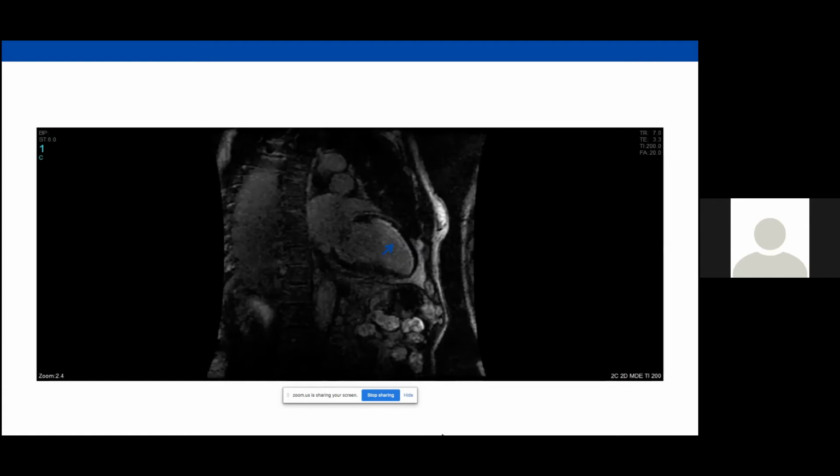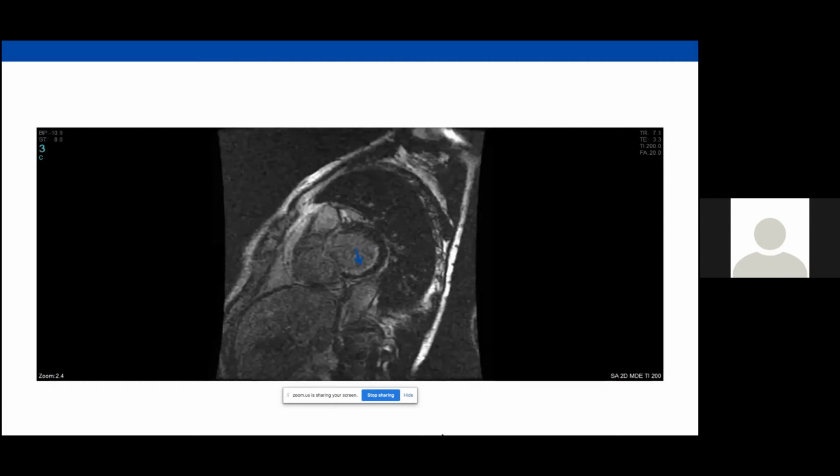This is the long axis two-chamber view. Again, we can see that the enhancement is of subendocardial pattern, which suggests an infarct, and the scar thickness is less than 50% and is present at the anterior wall, which is related to the LAD. This is a short axis view.